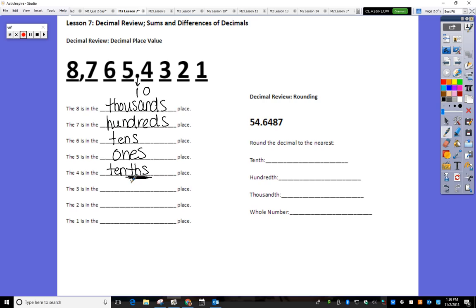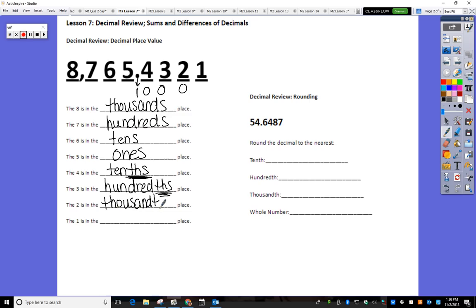I'm going to repeat this for the rest of the numbers. Since the 3 is 2 places after the decimal, I'm going to put 2 zeros after that one, which creates a 100. So this is the hundredths place. Notice the THS at the end. I'll attach another 0 for the 2, which creates 1,000 or the thousandths place.